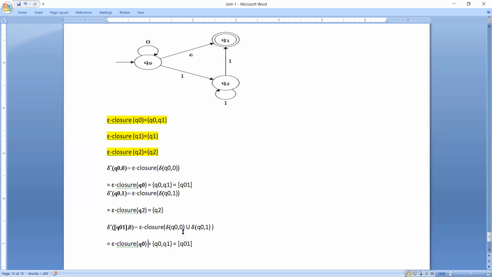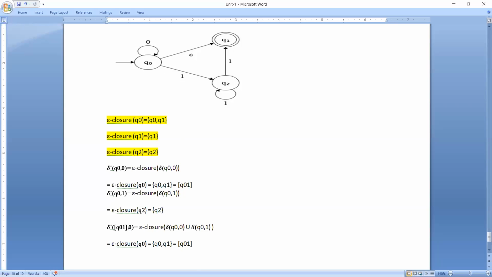Then epsilon closure of Q0 will be, delta of Q0 on 0 will be Q0 itself, and Q0 on 1 will be Q2.